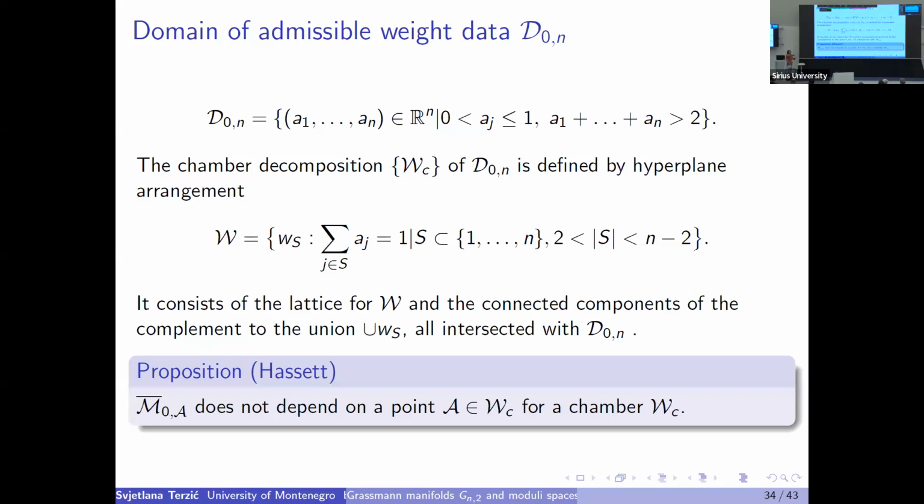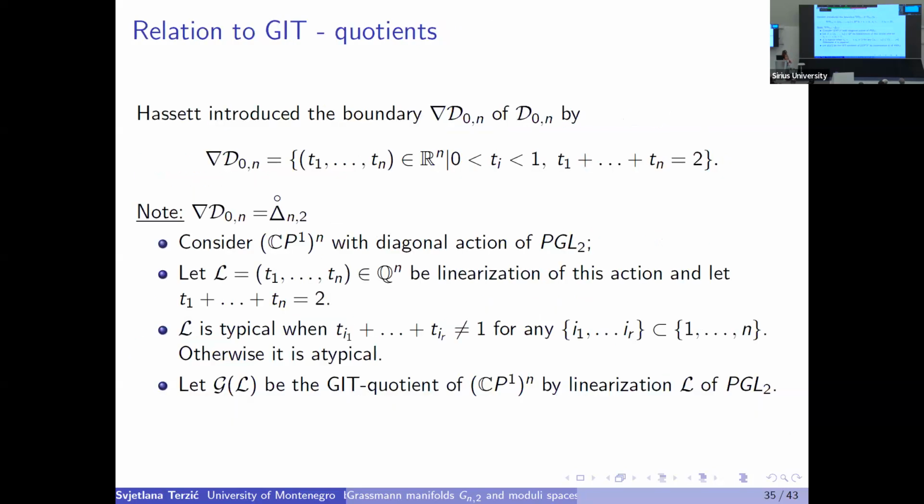So the moduli space is constant on any chamber of this chamber decomposition on weight data. And then he introduced the boundary of these admissible data. The boundary is going to consist of those points whose sum is equal to 2. We noticed immediately that his boundary is just the interior of our hypersimplex delta n,2.